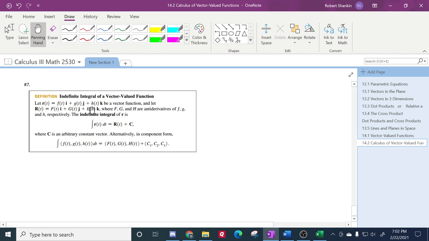Take the integrals of each of these separately. And then it introduces a constant c, but now it's a c vector. Three different constants, c1, c2, c3, are going to be coming up.